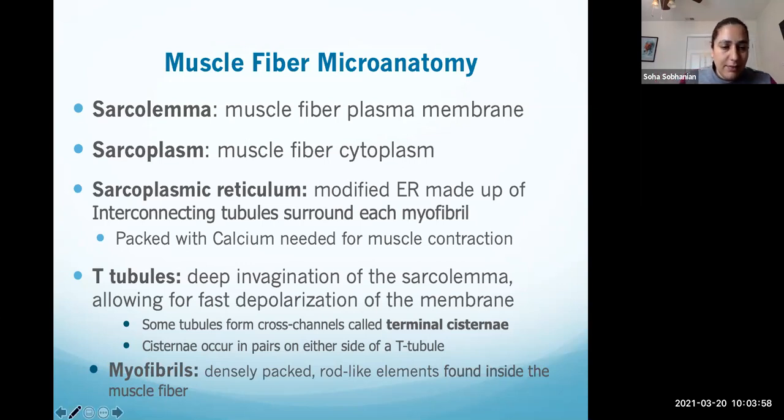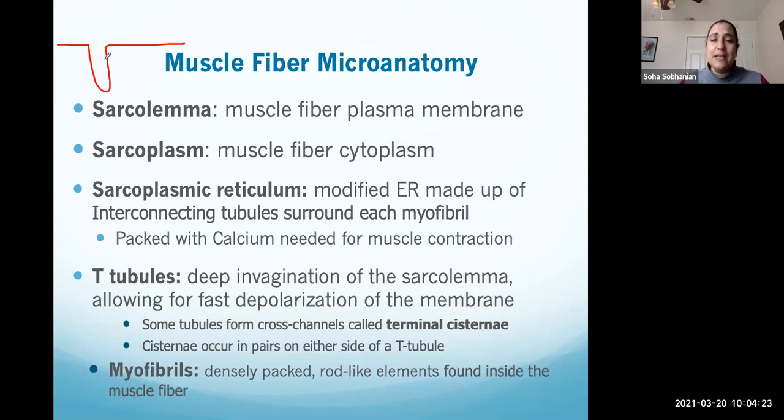So if I was to draw it, here is my plasma membrane, you continue going down, you dip it down, and then you come back up and continue. This really severe indentation that I've created is called T-tubules. So it's a deep invagination within your sarcolemma, which is your plasma membrane.